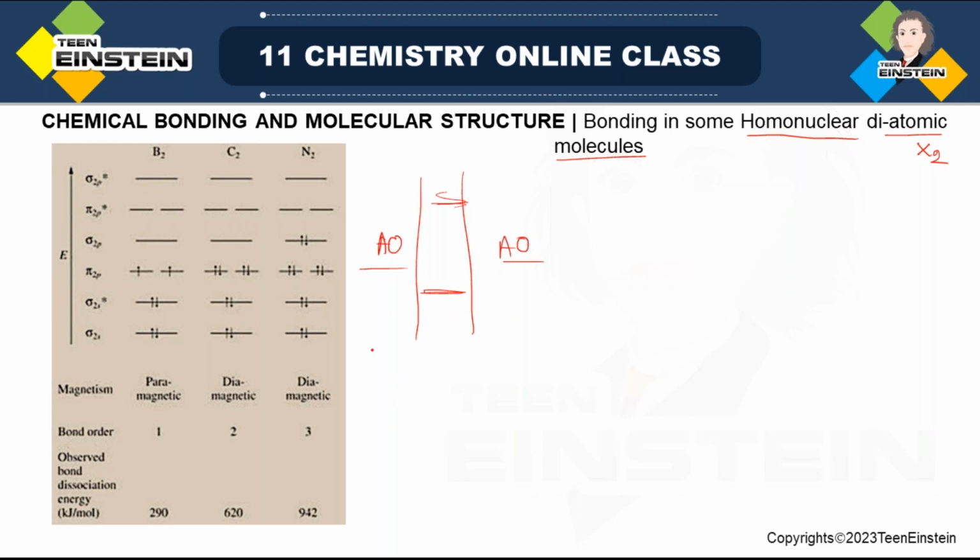So for B, what is the configuration? It is basically 1s2, 2s2, 2p1. When you are doing the MO, focusing on the valence electrons part is enough. The 1s part, even if you do it, doesn't create any difference, because it is a fully filled orbital.